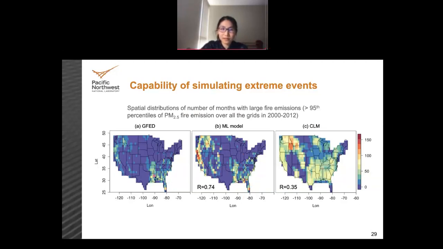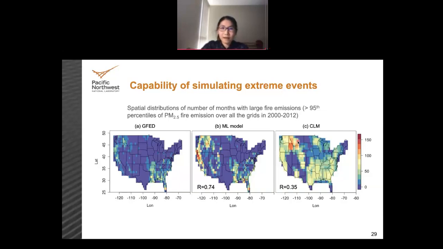We see that generally the machine learning model can capture the spatial distribution pretty well, but it overestimates the occurrence of these large events over Northern California and the Pacific Northwest. Again, CLN can also capture the spatial patterns, but probably due to its coarse resolution, it overestimates the occurrence over California, the southeastern US and the Pacific Northwest.